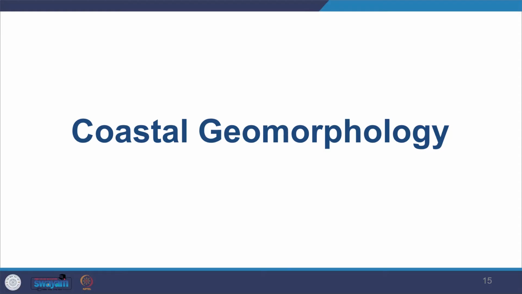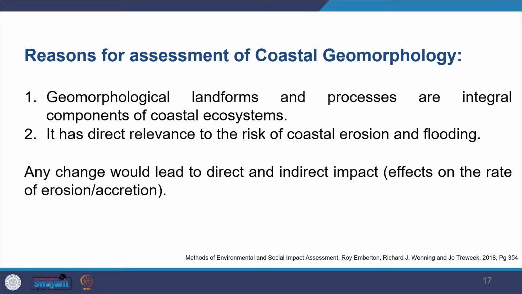So looking at the coastal geomorphology. This coastal geomorphology is very important in EIA for two main reasons. We see that geomorphological landforms and processes are part and parcel of the coastal ecosystem, and they have direct relevance to the risk of coastal erosion.